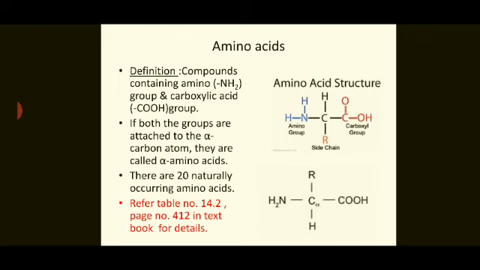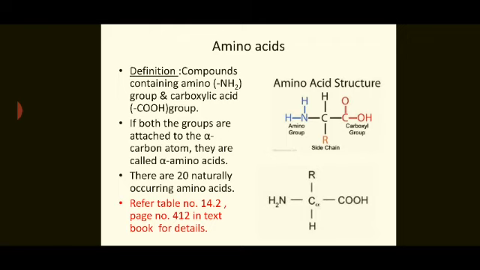If both the groups are attached to the alpha carbon atom, they are called alpha amino acids. Now what is the alpha carbon atom? The carboxylic acid contains a carbon atom that is numbered 1, and next to that is called the alpha carbon atom.